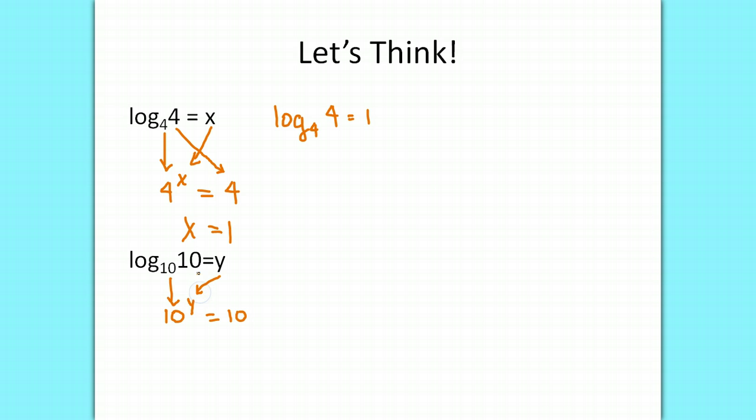And this y goes there, this 10 is coming over here. So 10 raised to what power equals 10? Well, again, 10 to the first power is 10, so y equals 1. So if I rewrote this, it would say log base 10 of 10 equals 1.